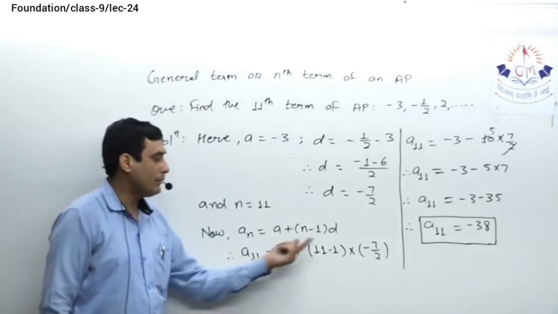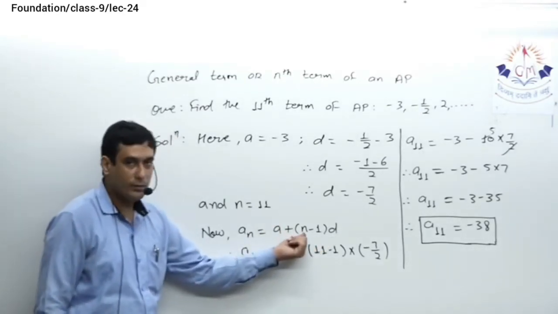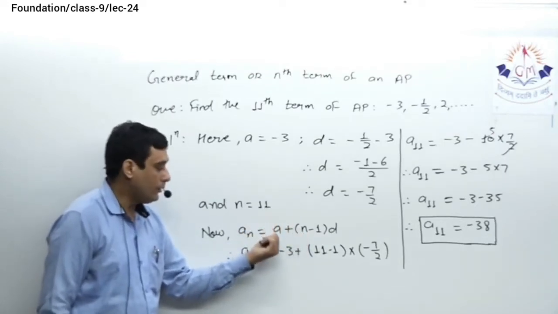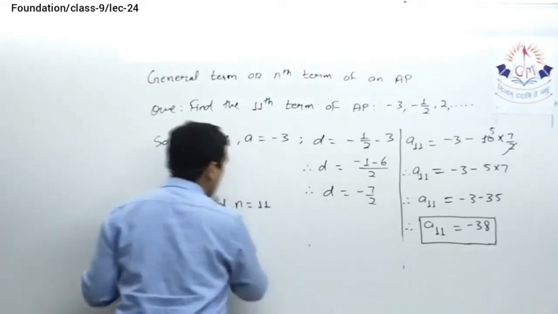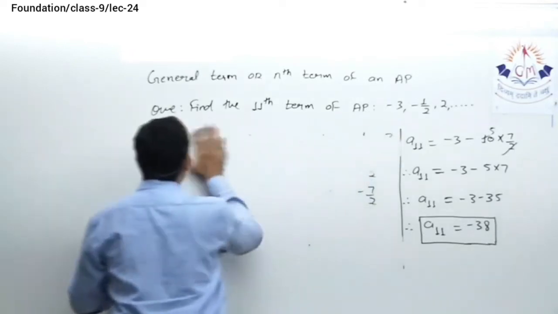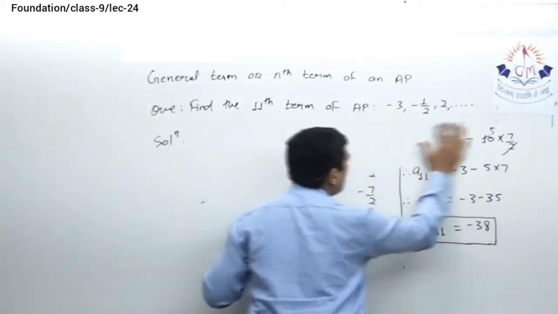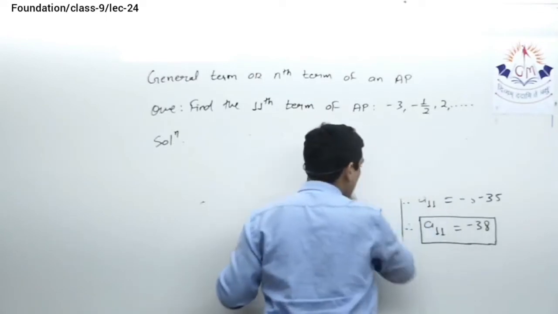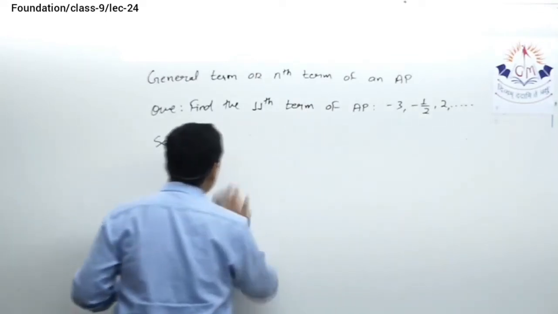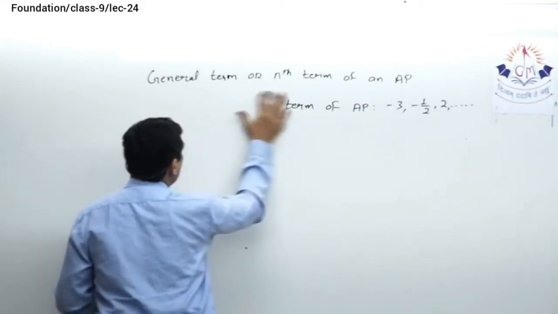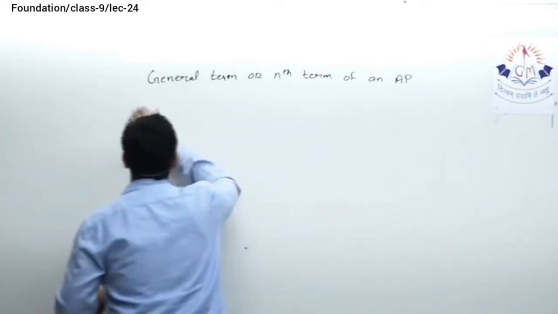They might ask you to find the common difference, the position of the term, the first term, or an. So now we'll see some questions in which three variables will be given and you have to obtain the value of the fourth variable.